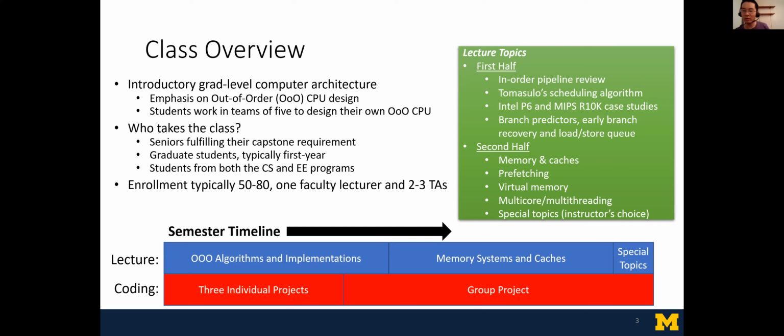Then we move on to more things within the core like branch predictors, snapshotting, like early branch recovery, and load store queue. Moving on to the second half, we talk more about the uncore stuff like memory and caches, prefetching for data and instruction caches, virtual memory, multi-core and multi-threading for more modern workloads, and end with a special sprinkle of the instructor's special flavor.